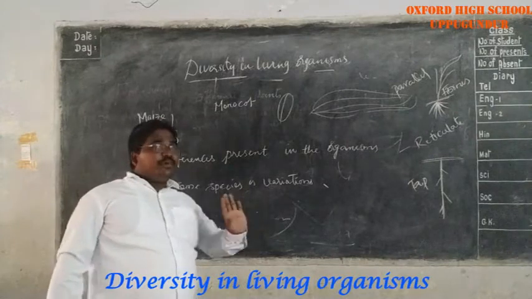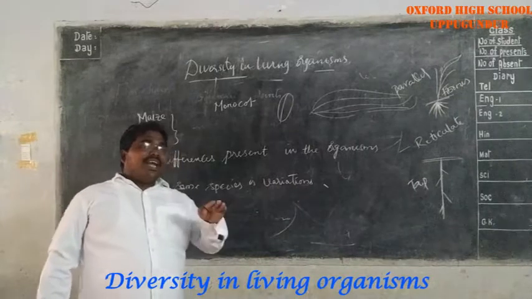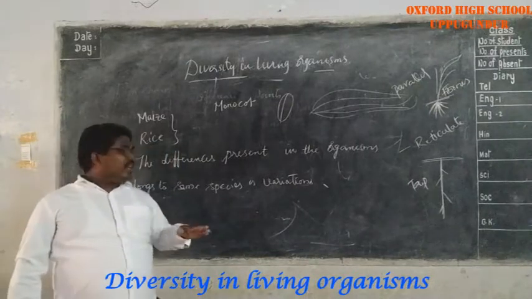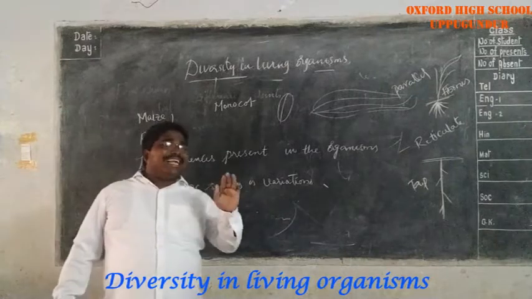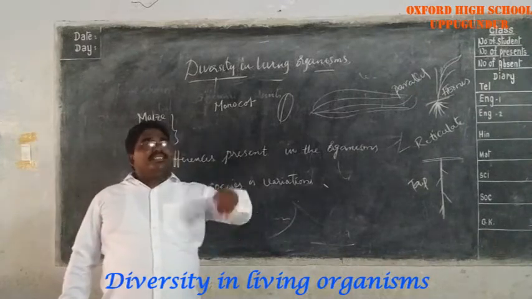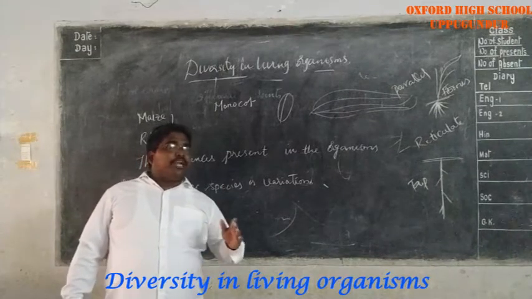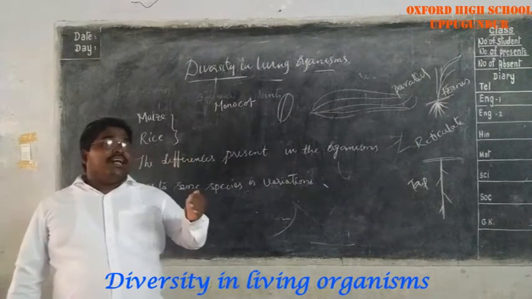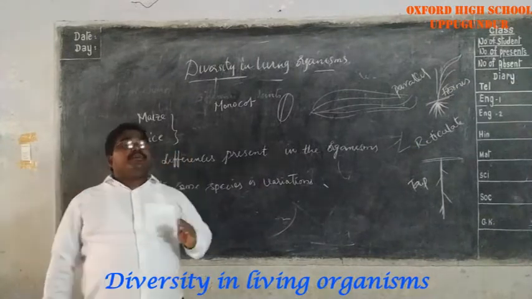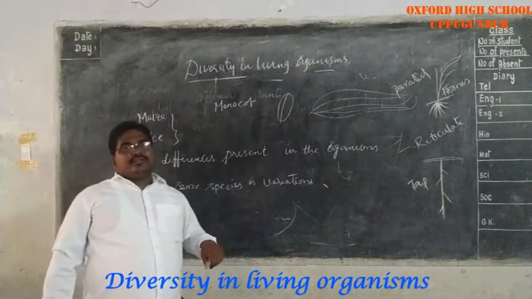Listen carefully, the variations between different species are always greater than the variations in the same species. Do you understand that? If you take the example of humans and pigs, there is a lot of variation among them. If you observe the differences in human beings, fewer characters will appear to us.